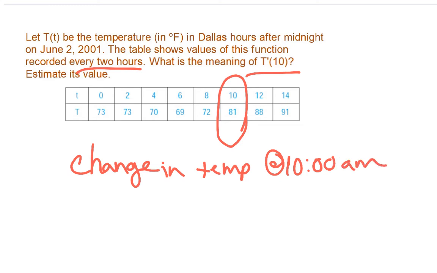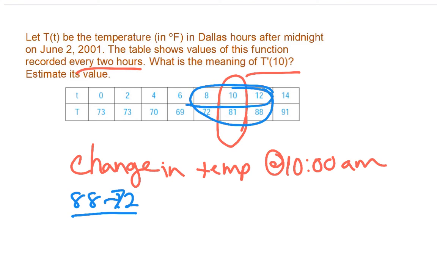And so to estimate that, we need to look around it and average it out. So I'm going to go the change in the temperature, 88 minus 72, over the time period. That's going to be over 4 hours. That's going to be 16 over 4, so a good estimate is about 4 degrees Fahrenheit per hour.